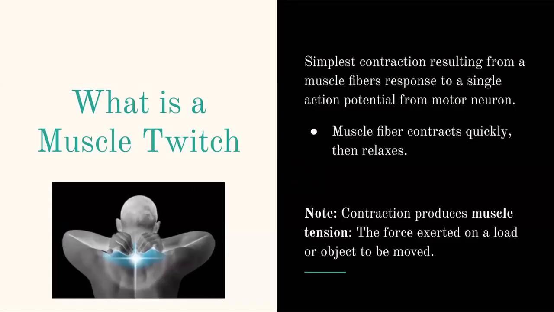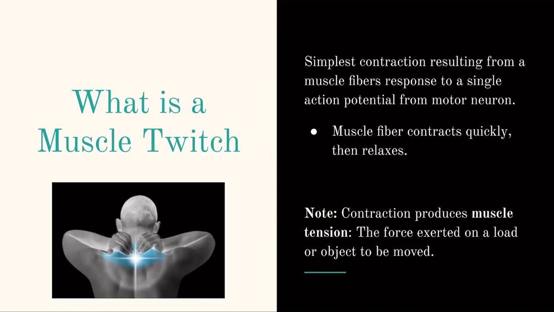All right, so coming up to the last couple of sections, we have muscle twitch. So muscle twitch is a simple contraction resulting from a muscle fiber response to a signal action potential from a motor neuron. And when muscle contracts, it also produces tension.